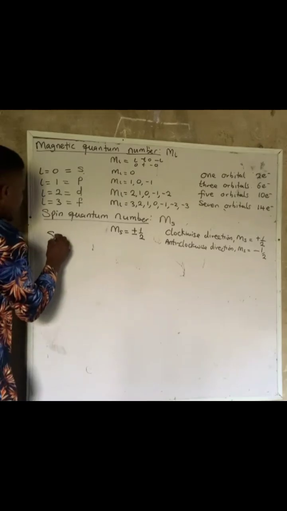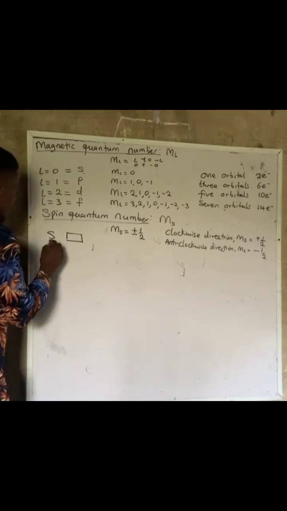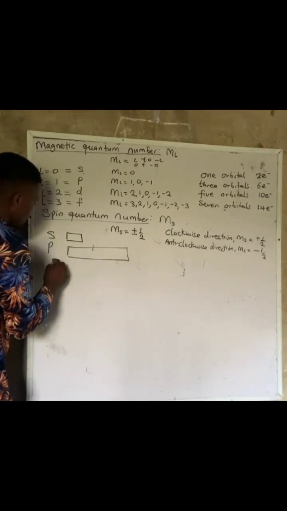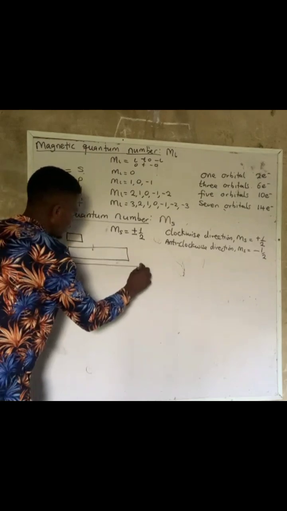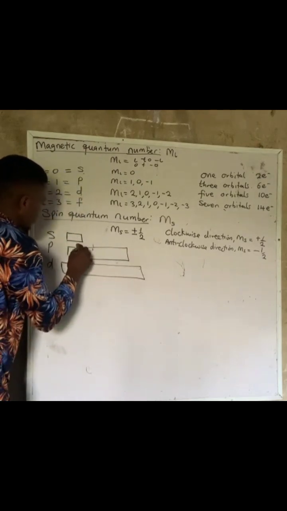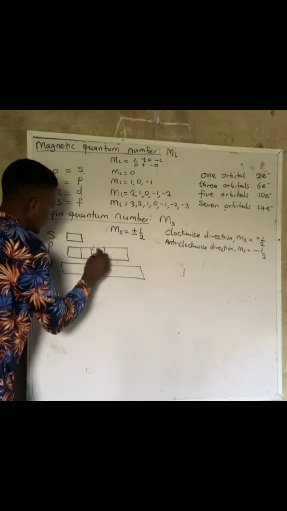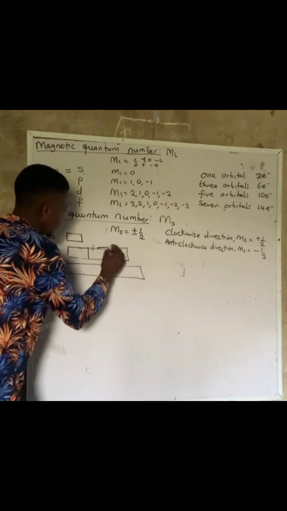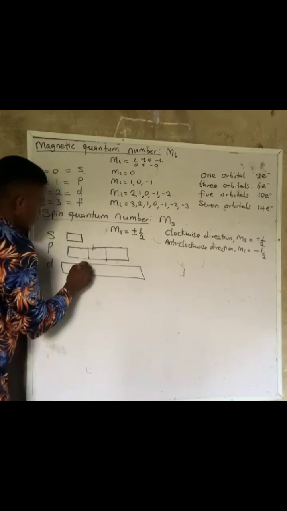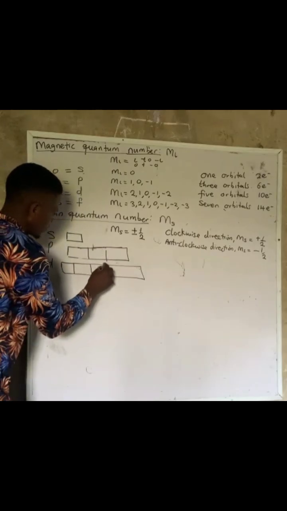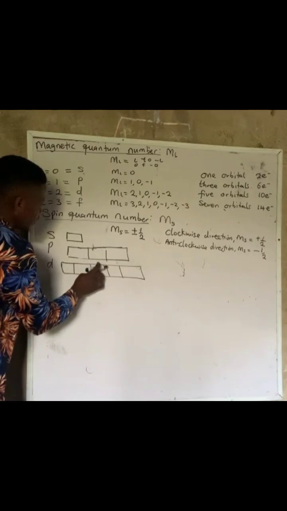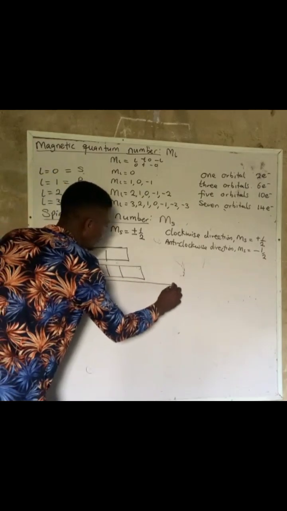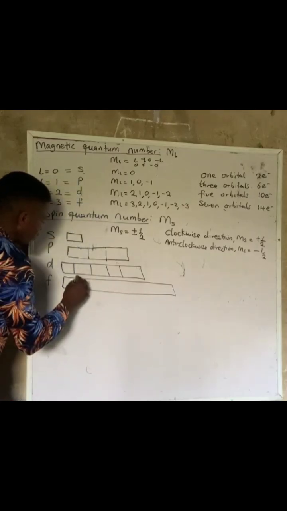So let's say our S has just one box, our P has 3 boxes, our D has 5 boxes, and F has 7 orbitals.